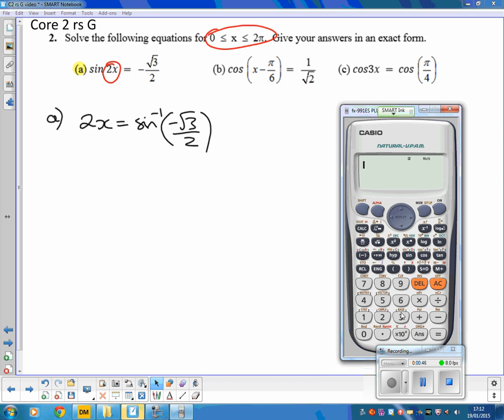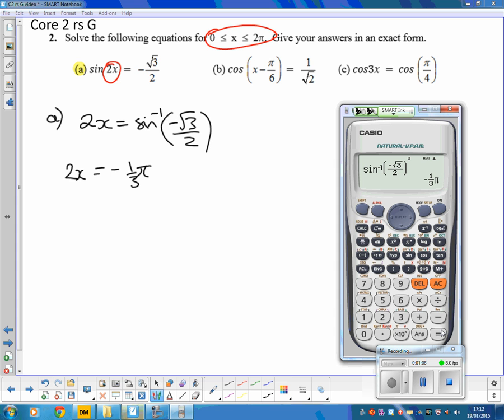And I'm just going to put that into my calculator, making sure now I put it in radians, so we should get the right answer out. Okay, and that tells me that the answer is negative 1/3 pi.